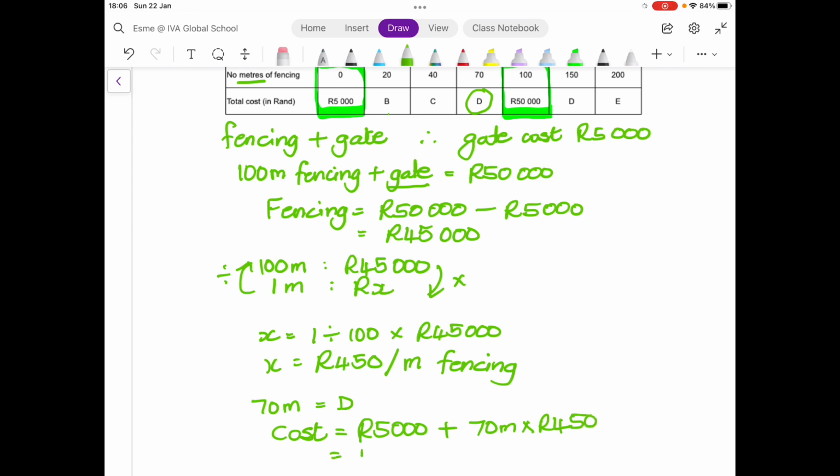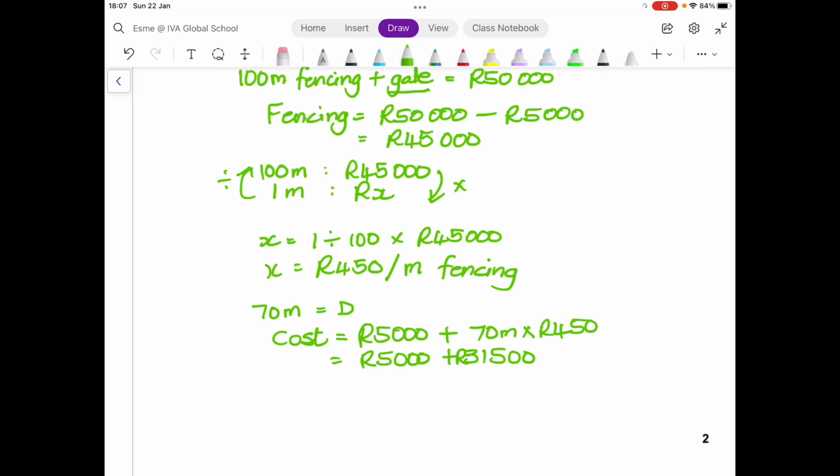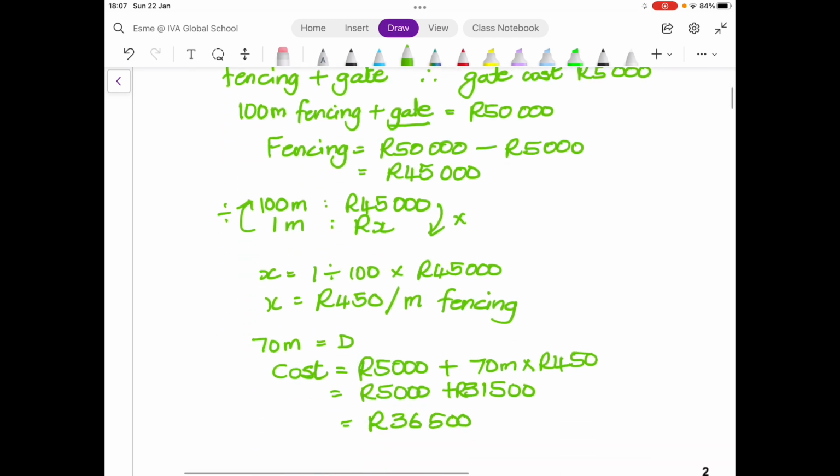So the cost will be 5,000 Rand, and 70 times 450 equals 31,500. If I add those together, I will get 36,500 Rand. And so you can carry on doing it with all the rest of those variables.